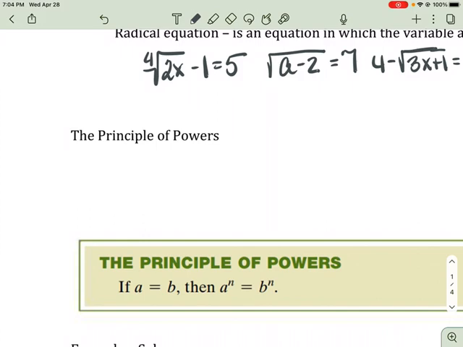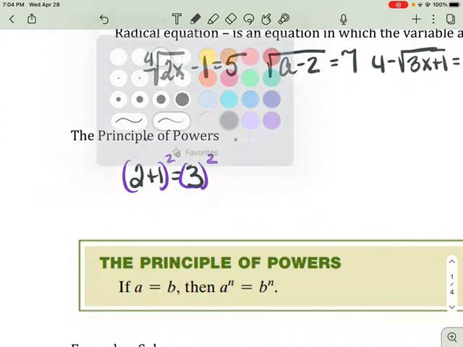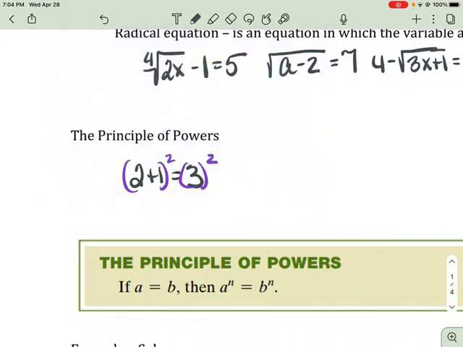For example, if I do 2 plus 1, we know that's equal to 3. And we're allowed to square both sides. So 2 plus 1, or 3 squared, is equal to 9. And then we get 9 equals 9.